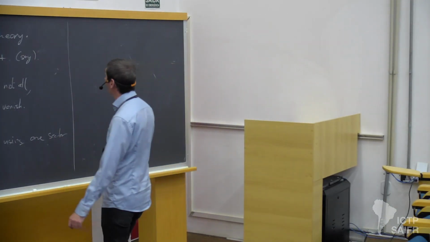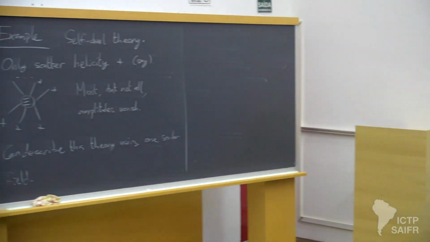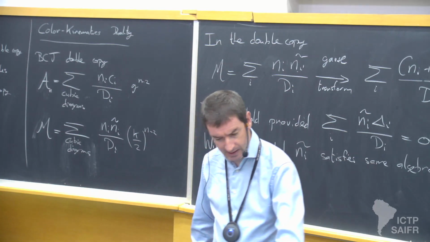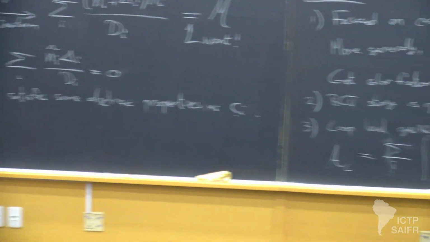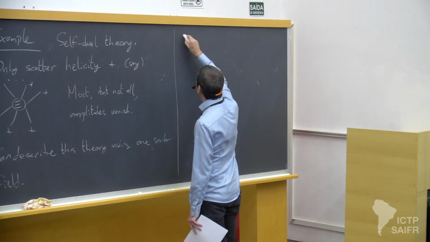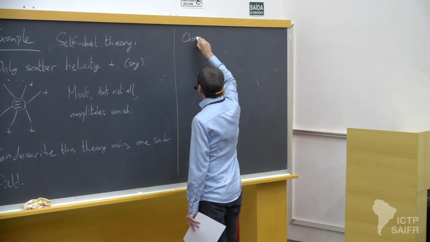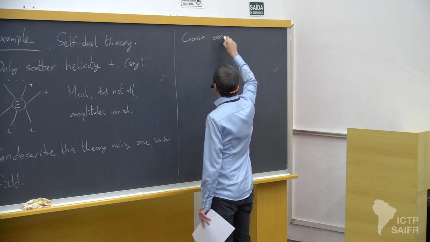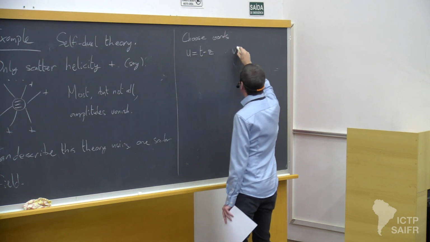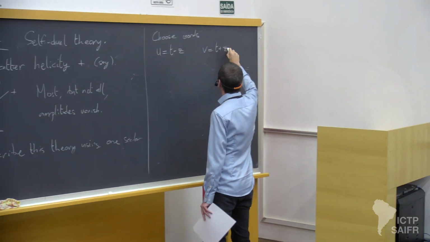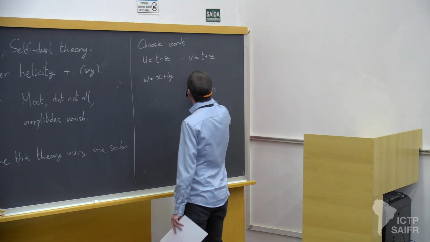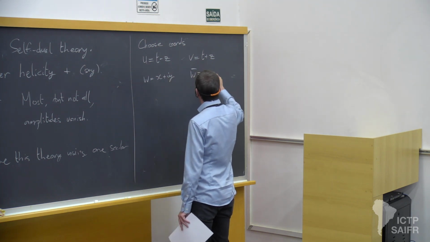So I will choose a set of coordinates. There'll be a u coordinate, which is t minus z, v, which would be t plus z, w, x plus i y, and then w bar, x minus i y.